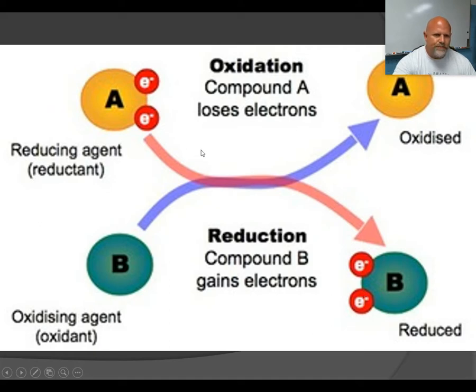Okay, so the easy way to remember this is OIL RIG. Think of OIL: oxidation, loss. RIG: reduction, gain. That's an easy way to remember what's going on with oxidation and reduction.